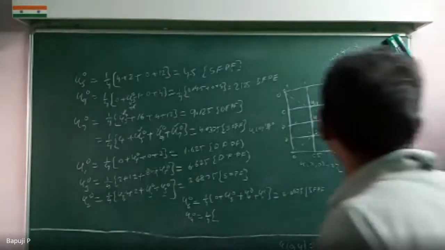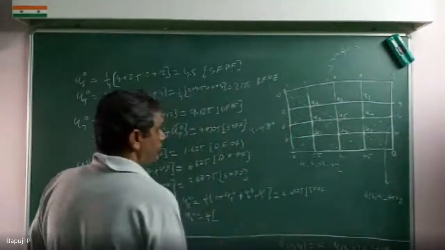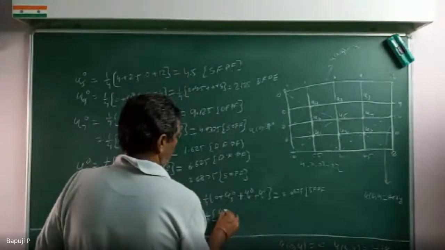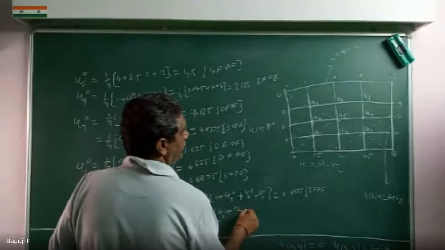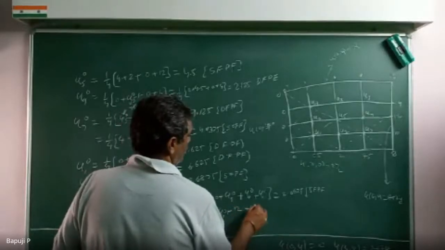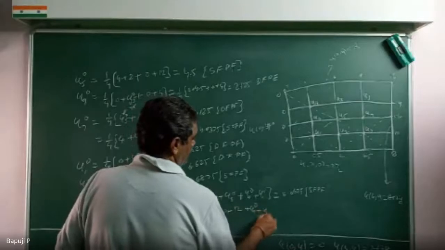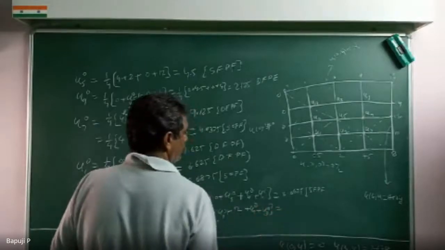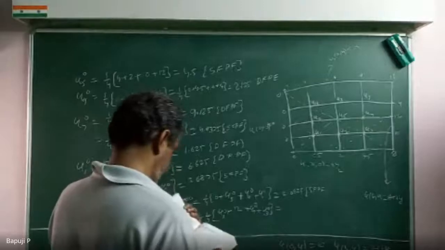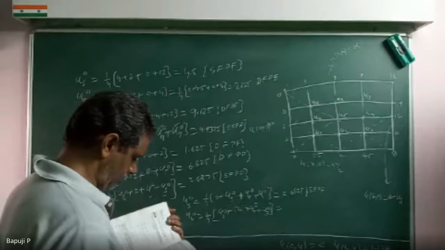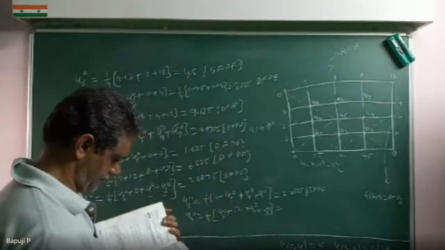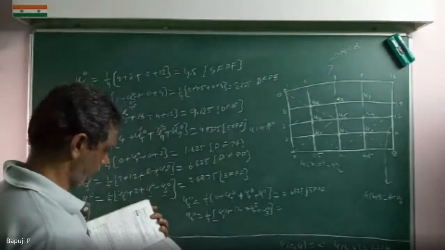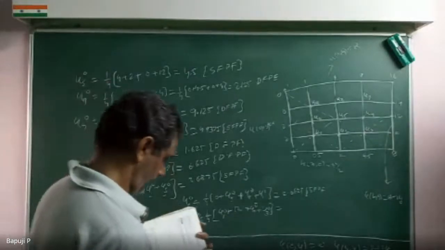U4 of 0 is equal to what? U5 of 0 plus U1 of 0 plus U7 of 0 plus U3 of 0. That is equal to what? 8.0625. Check.